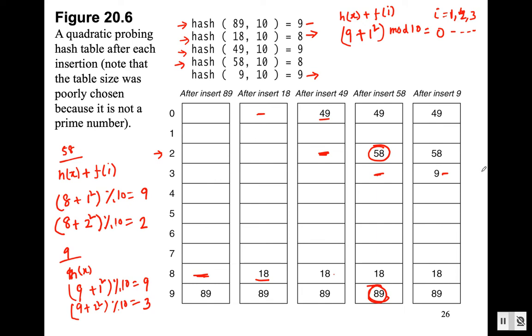Now let's try to insert 28. 28 mod 10 is 8, which is a collision. How are we going to resolve that?